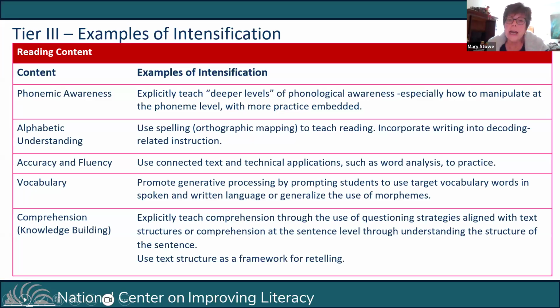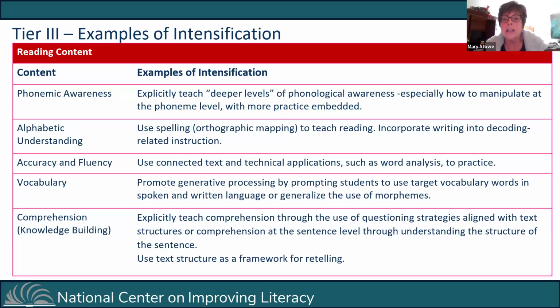When we think about vocabulary, we need to think about a process that will support students being able to engage with and understand the vocabulary that we want them to work through and work with. We also need to think about how we are going to more explicitly engage with comprehension and knowledge building.